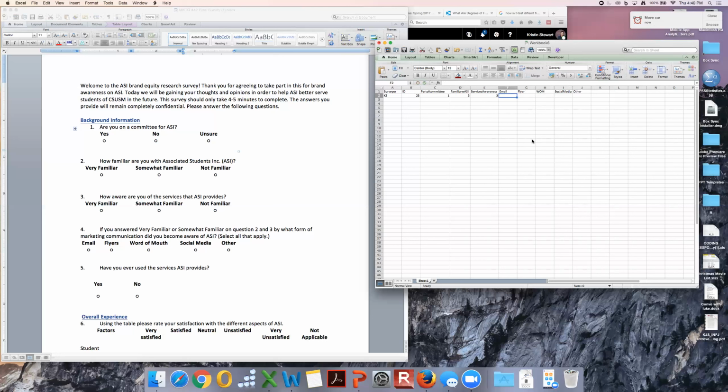And it's really hard to put multiple responses of 1 respondent. Respondent 23 is going to write that she both heard through word of mouth and social media. So she didn't hear through email, so she didn't circle it, it gets a 0. She didn't hear through flyers, so she didn't circle it, it gets a 0. She did hear through word of mouth, so I put a 1. She did hear through social media, and she didn't hear through other.